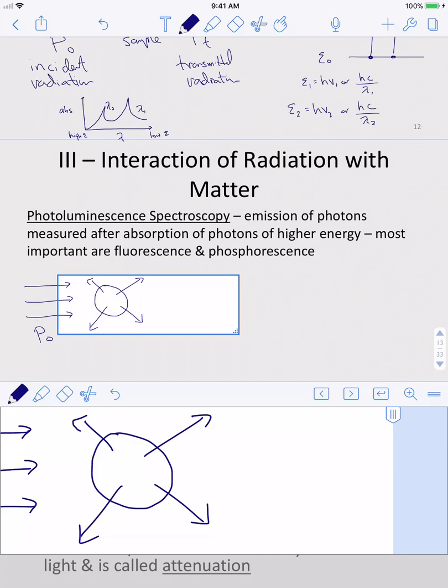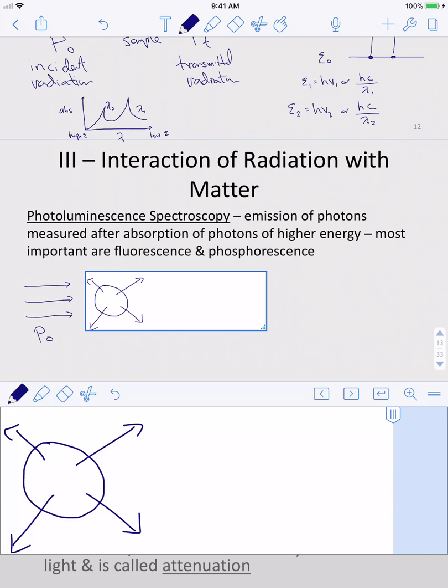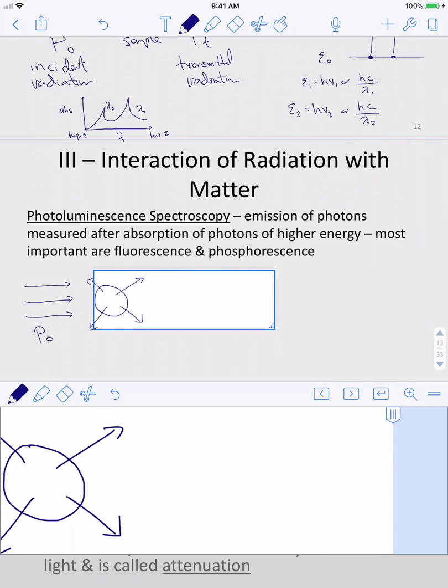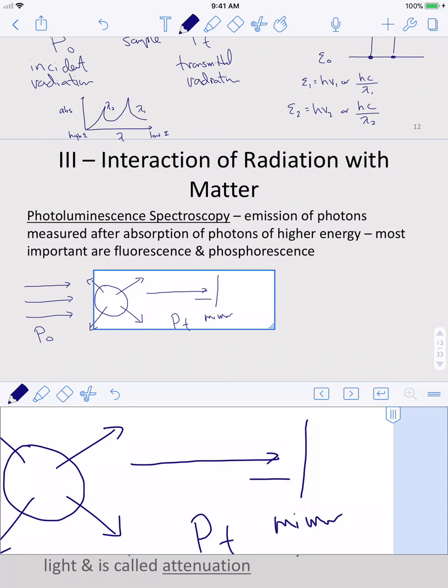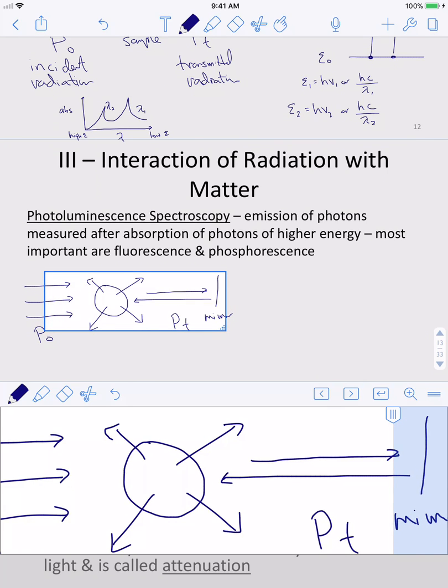It emits light. Okay, some of this light will not be absorbed, so some will come out and we'll call this PT again. And in many instruments there is a mirror here. And the mirror then reflects that light back at the sample and gives it a second chance to absorb some of that light.